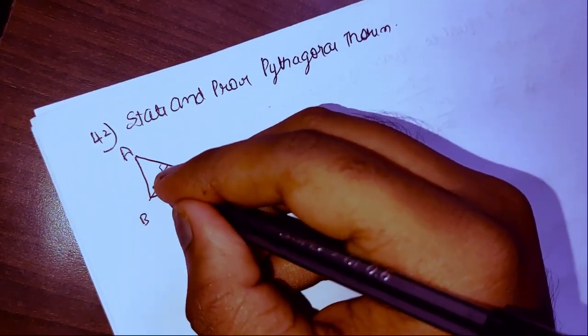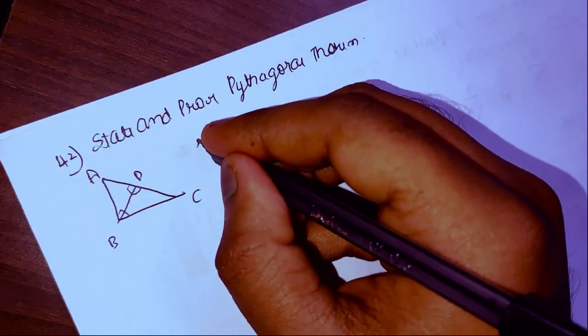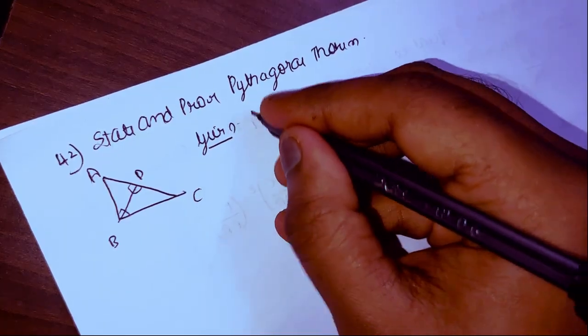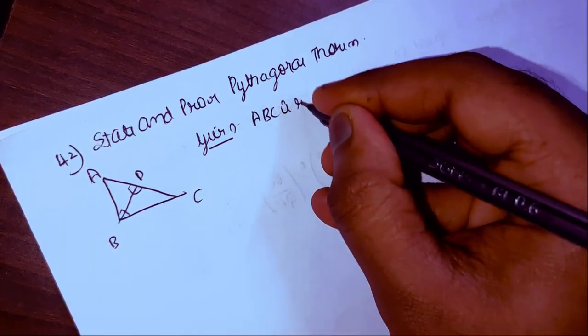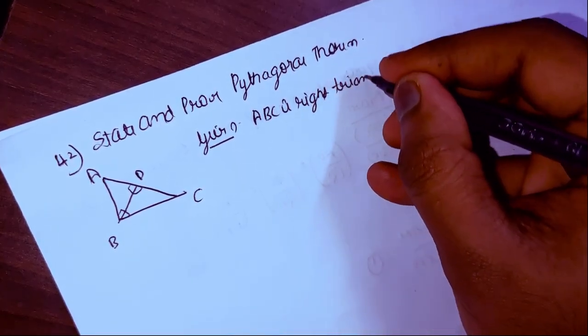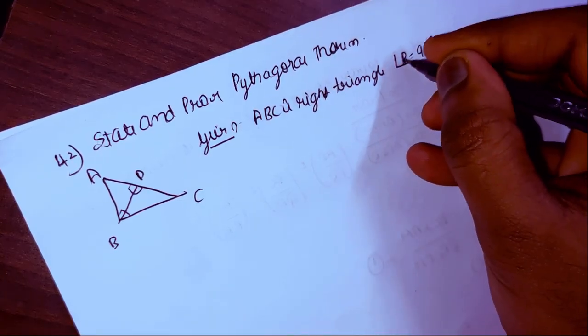Do a construction here. We know given that ABC is a right triangle with B is equal to 90 degree.